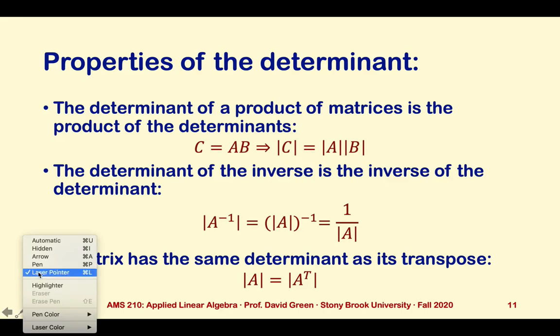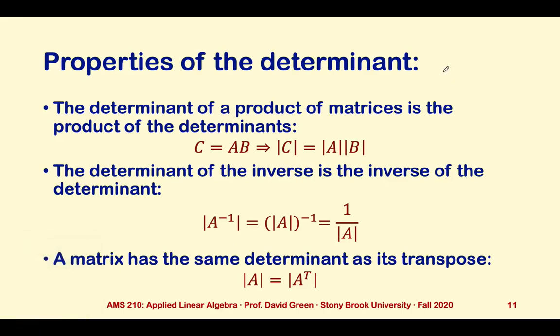Before moving on, I want to mention one other rule that you might wonder about. What is the determinant if we multiply a matrix A by a scalar K, to get C?